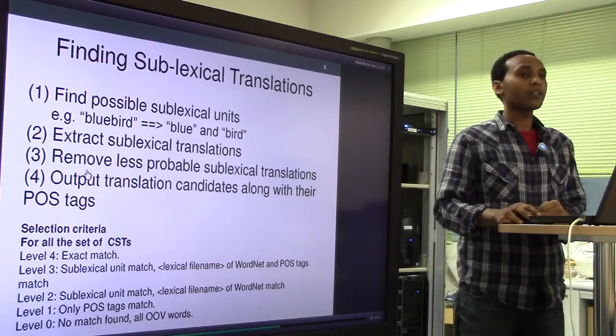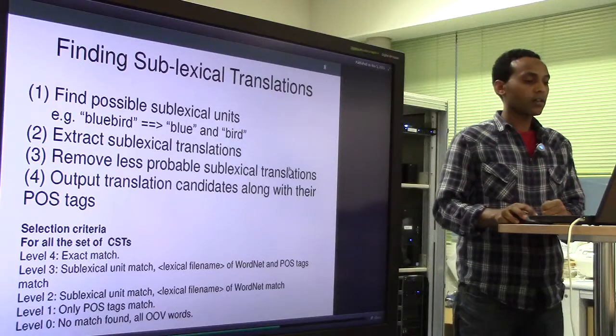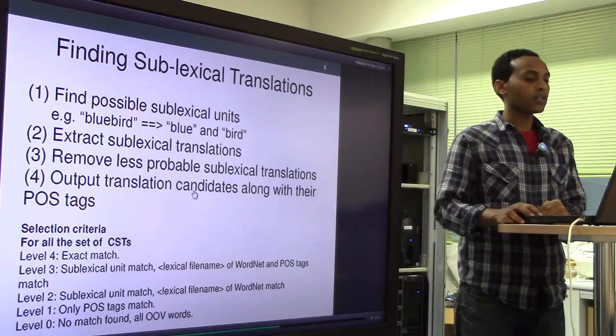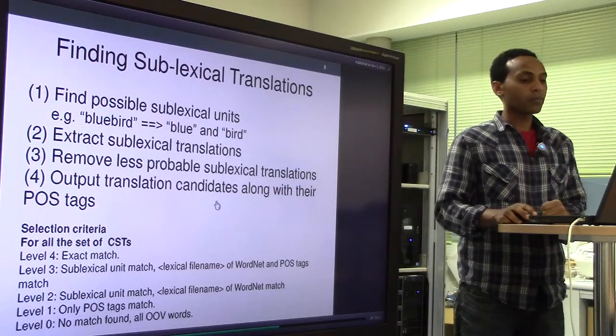And by using the ranking, they removed less probable sub-lexical translations, and the output is the translation candidates with their part of speech tags. So this is the process or the steps they used to find sub-lexical translations.